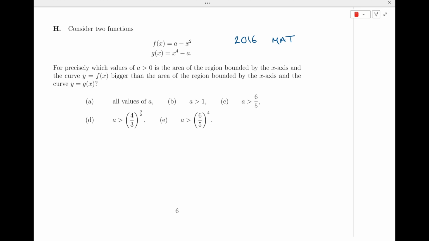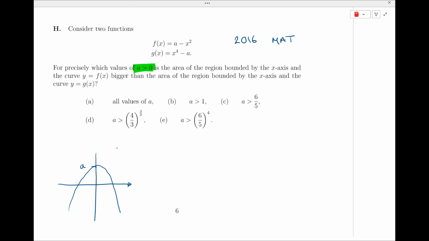f of x is a quadratic. It's got a constant term a, so that's an unknown constant, but we know a is positive. So if we think about what that looks like, since f of x is an even function, it's symmetrical about the y-axis, it's an inverted parabola, it's going to look something like that.